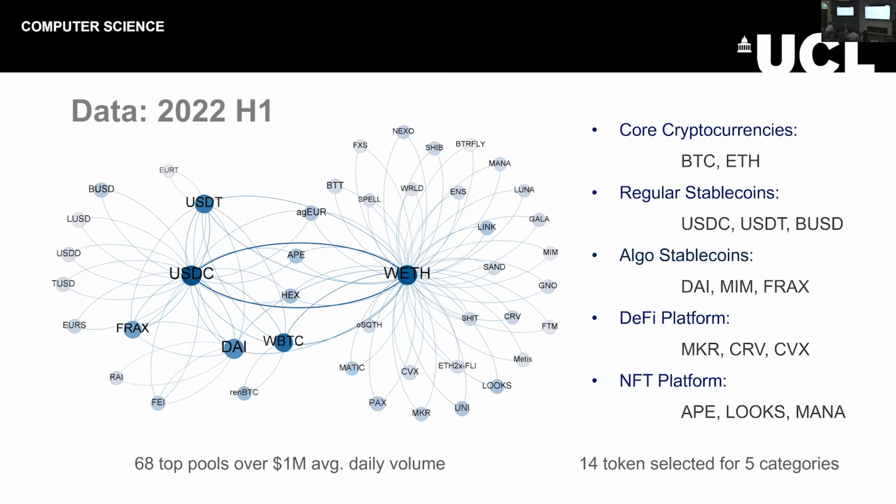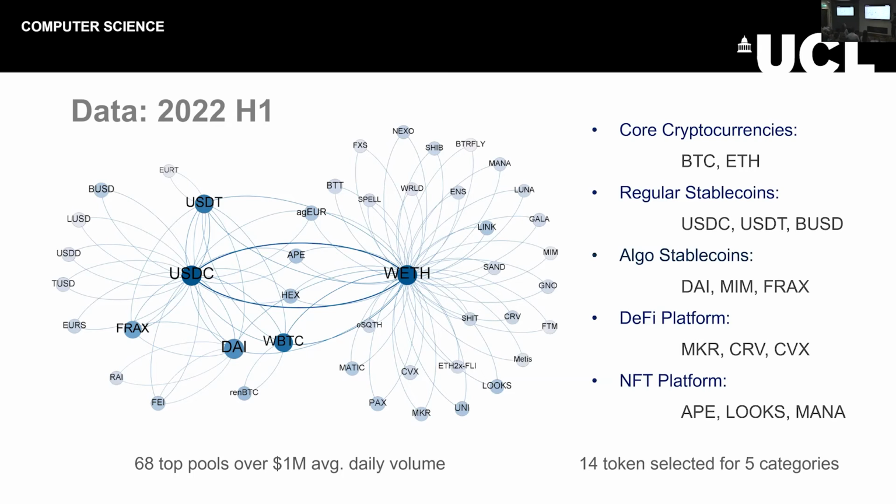I categorize these tokens into 5 categories and selected some representative tokens. The first is the core cryptocurrencies, Bitcoin and Ether. It's very popular, you know. The second and third, as previously mentioned by my friend Jason, are the regular stablecoins backed by fiat or commodities, such as USDC, USDT, BUSD.